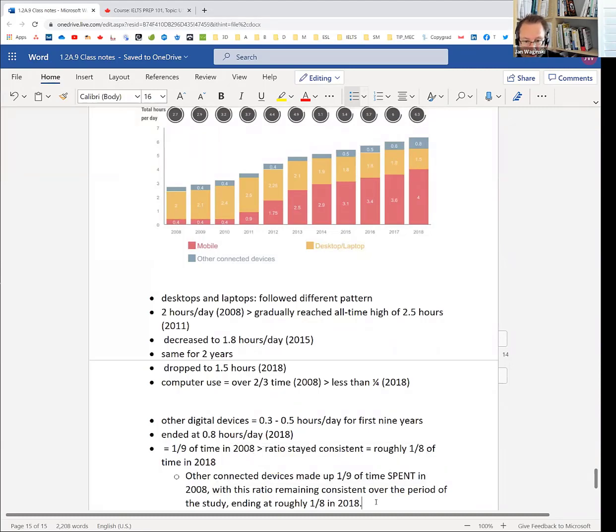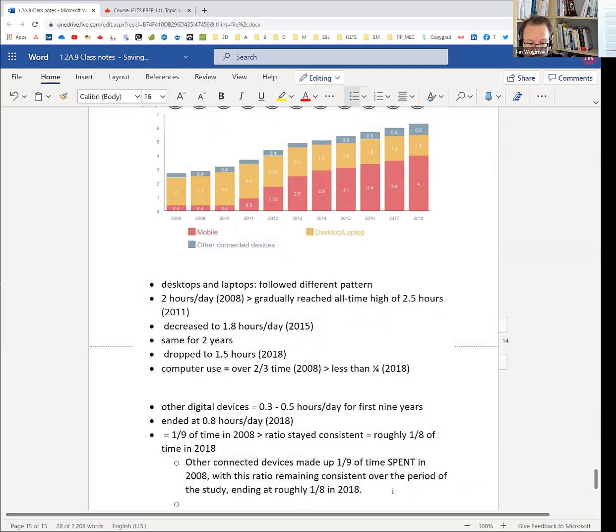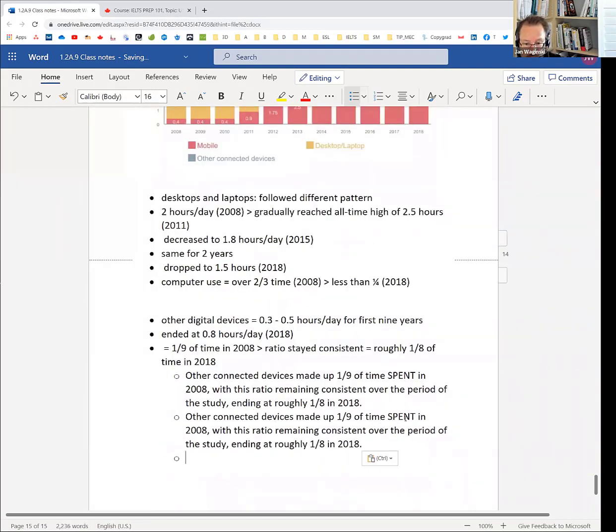In this case, I'm just trusting my ears. The other way you could do this, if you want a simpler version, a less complex version, you can just, let me just copy that. Other connected devices is made up one, and just say, and this ratio remain consistent. You can do it like that. Okay.